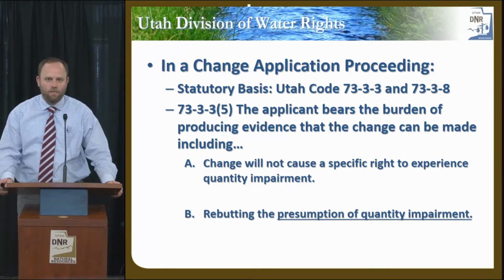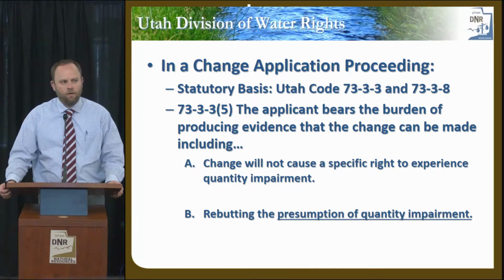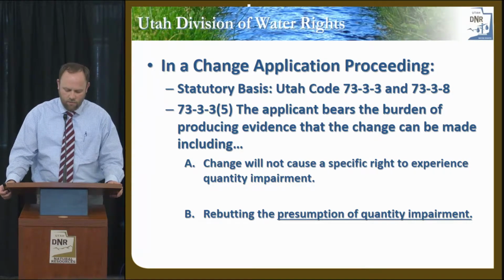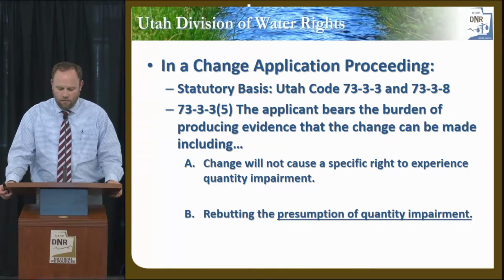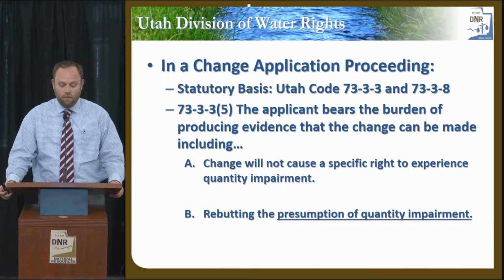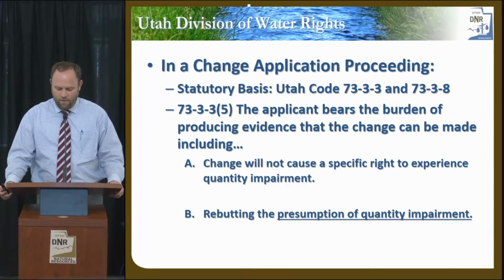Now let's move on to type B, and we'll give you a chance to process this and ask questions if you need to. So type B, again, the applicant bears the burden of producing evidence that the change can be made, including rebutting the presumption of quantity impairment. What the heck does that mean, right? Okay, this is where the idea of non-use comes into play.